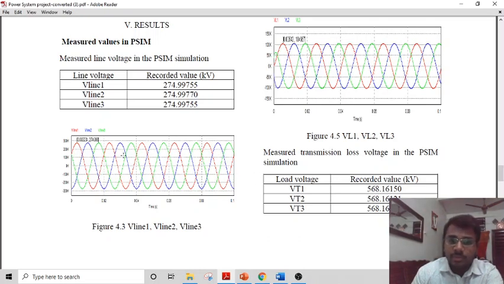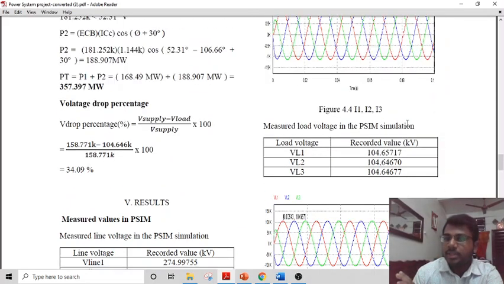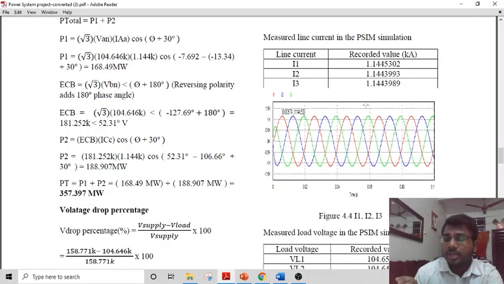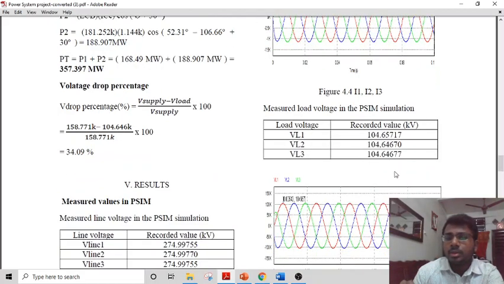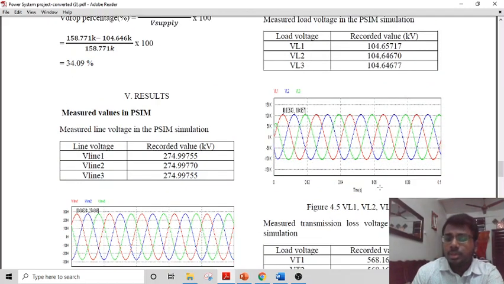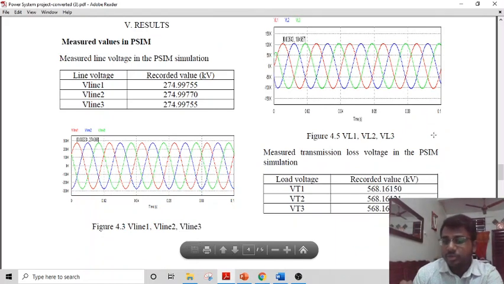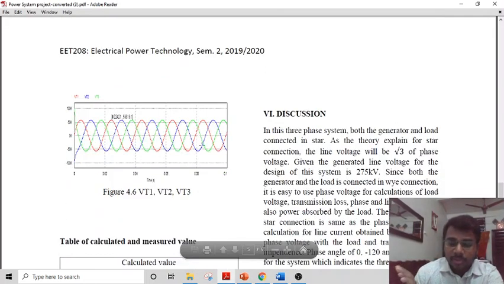That's why the peak values are the same, but not in the same phase, because as I told you earlier, it's 0, negative 120 and positive 120. That applies for everything. The values will be the same, but the phases will be different. For the transmission loss, it's the same.